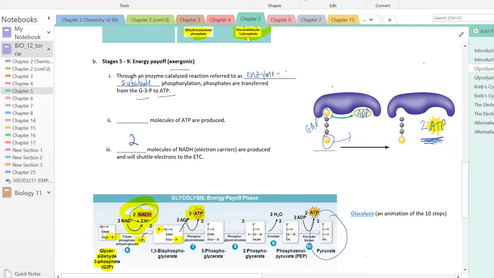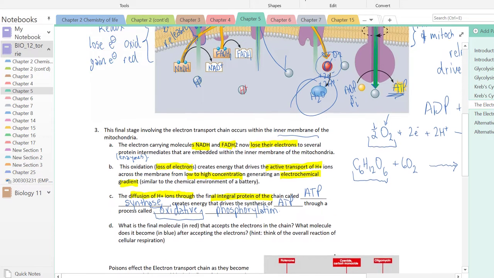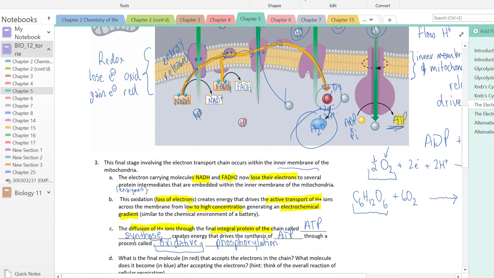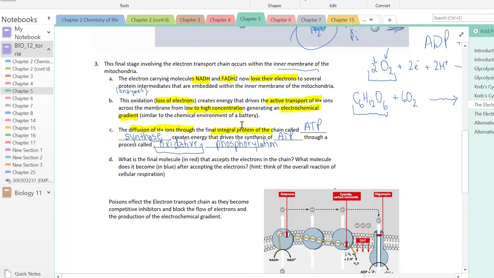This was driven by an enzyme, whereas in the electron transport chain, the phosphorylation of ATP is driven by chemiosmosis, the proton gradient, which was established from the oxidation process, the transfer of electrons. So one is referred to as oxidative phosphorylation, versus in glycolysis, it's referred to as enzyme substrate phosphorylation.